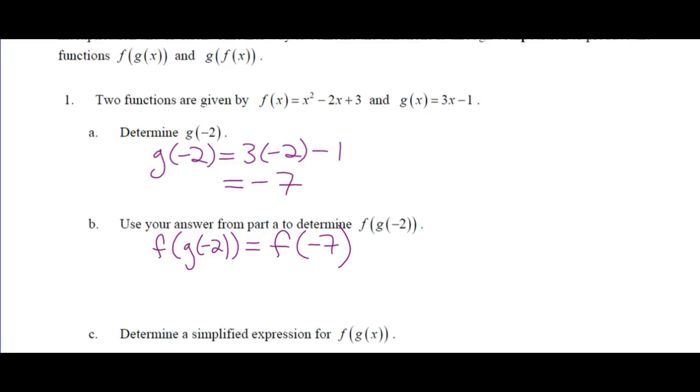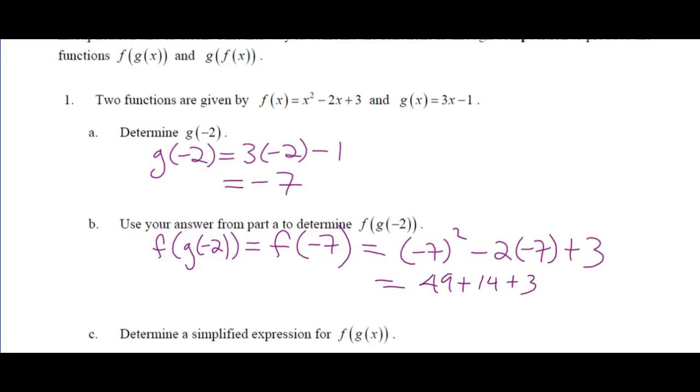Negative 7. So f of g of negative 2 is f of negative 7, which is negative 7 quantity squared minus 2 times negative 7 plus 3, which is 49 plus 14 plus 3, which is what? 66.